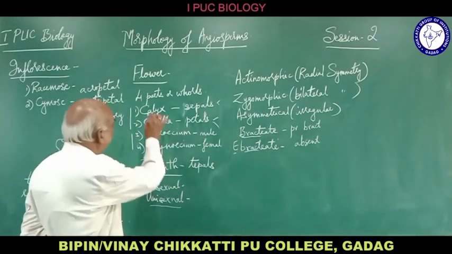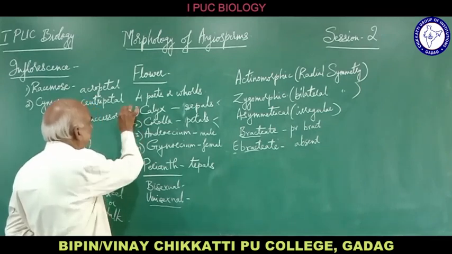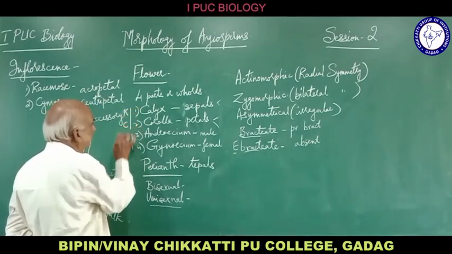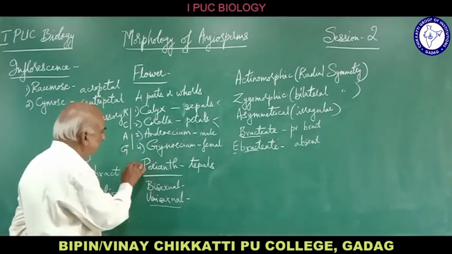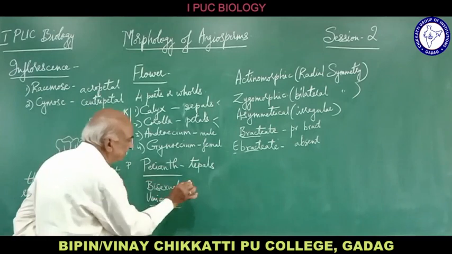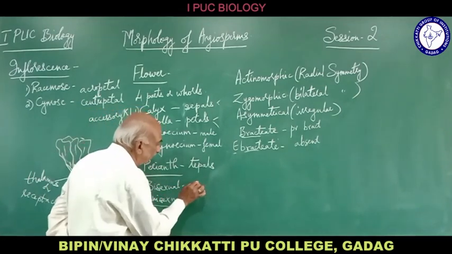For example, for calyx K is written, for corolla C, for androecium A, for gynoecium G, and for perianth P.